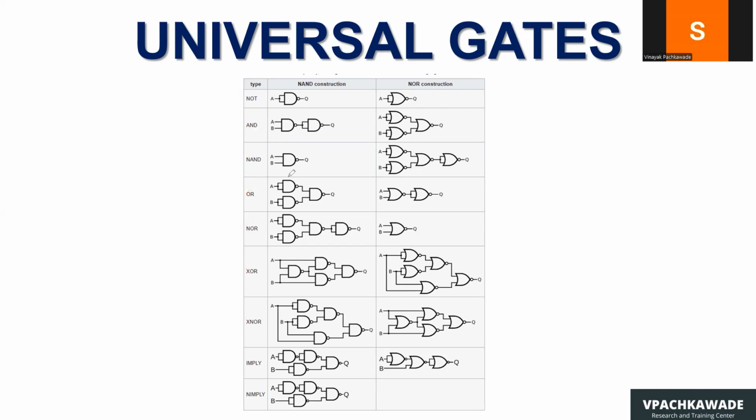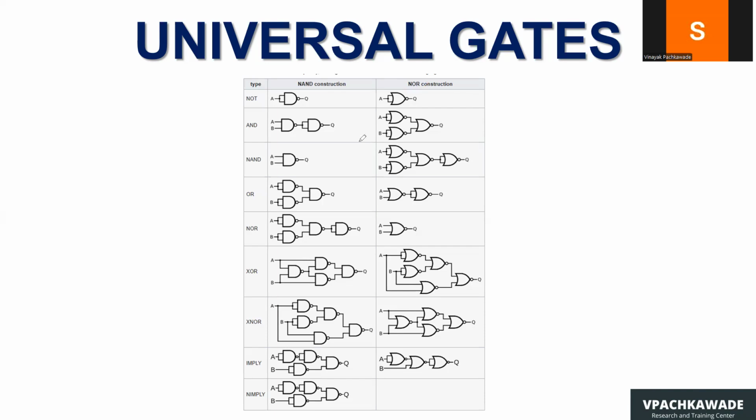These gates can be constructed using only NAND or only NOR. So it means you have to use only NAND gates to create any other basic gate, or you have to use only NOR gates to create any other basic gate.